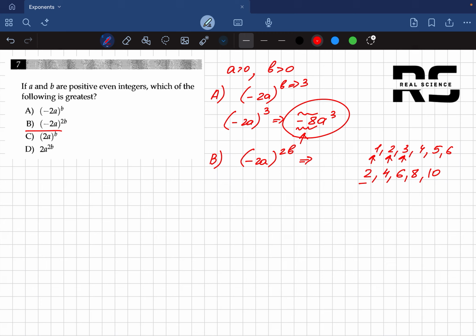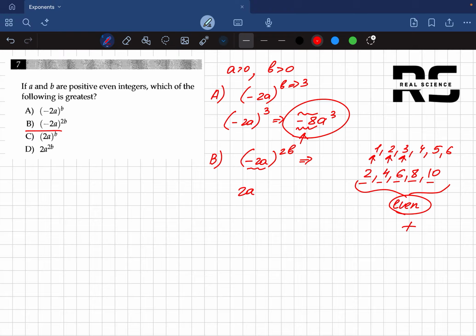So just look at what kind of number we are getting. All of them are even, meaning that when we raise to the even number, we're going to get a positive number. So that's going to be minus 2a to the power of 2b.